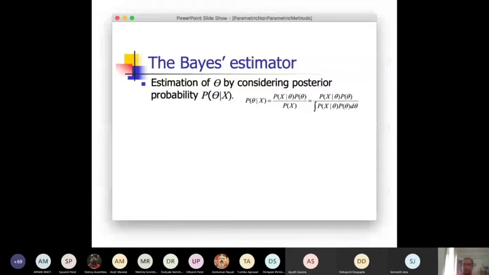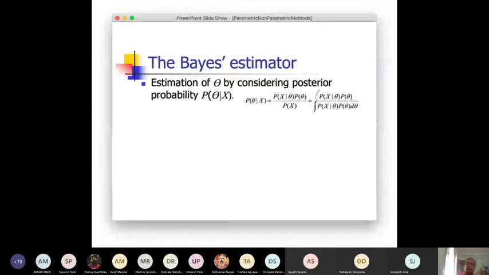As you can see, the posterior probability is computed in this way. We have already discussed, using the Bayes rule, that we compute the product of likelihood and prior, and then divide it by the marginal probability of the data. For the maximum likelihood based approach, we simply computed only the likelihood.